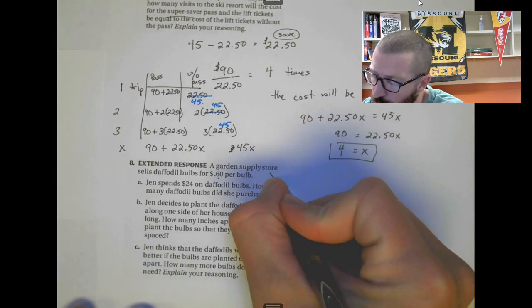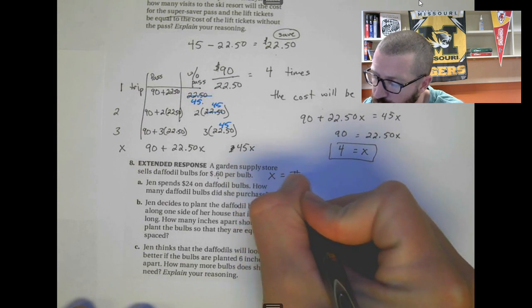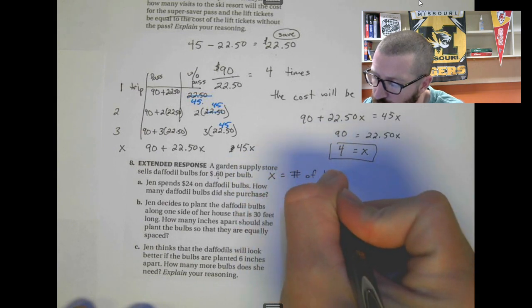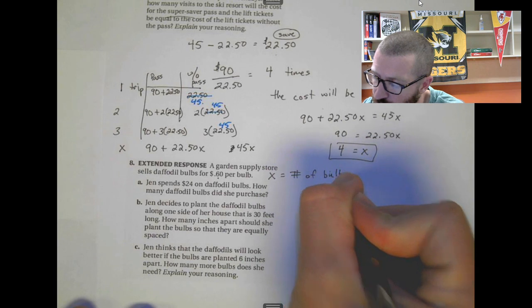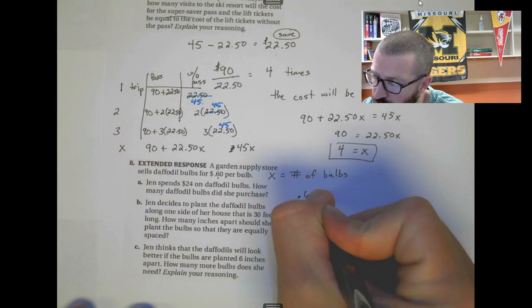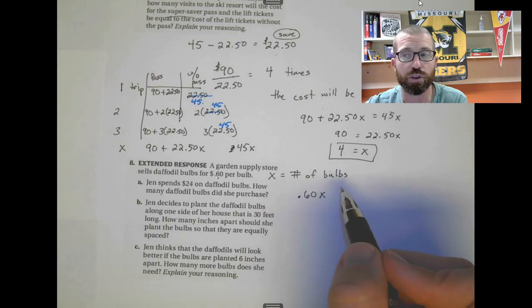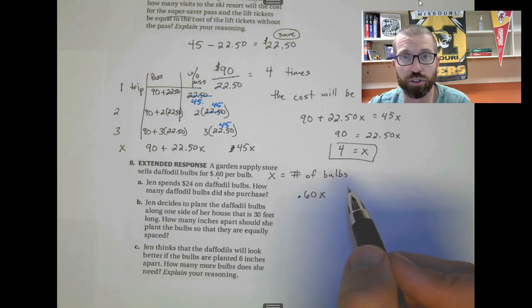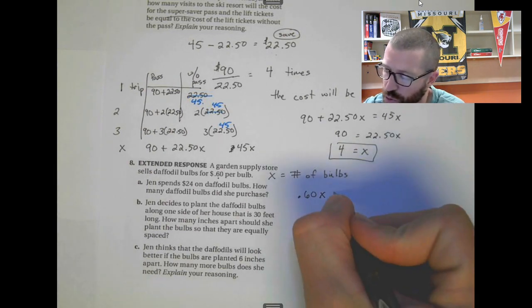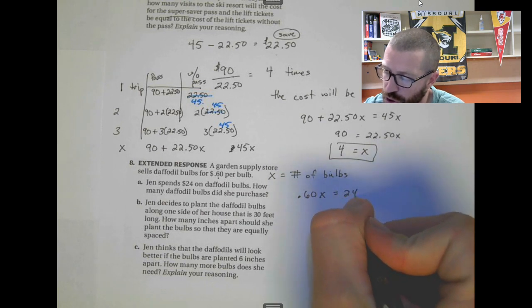You could also write this as an equation. If x is the number of bulbs, then 60 cents times x, so 60 cents for every one you're buying. So if it's 1, it's 60, 2, 120, 3, 60 times 3 is 180, and so on, is equal to 24.